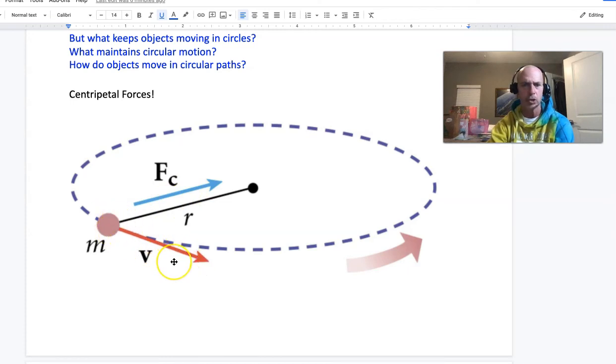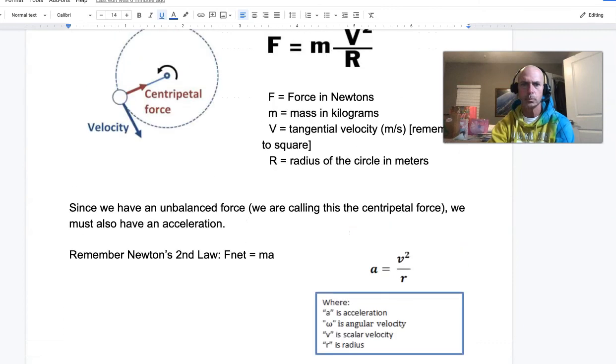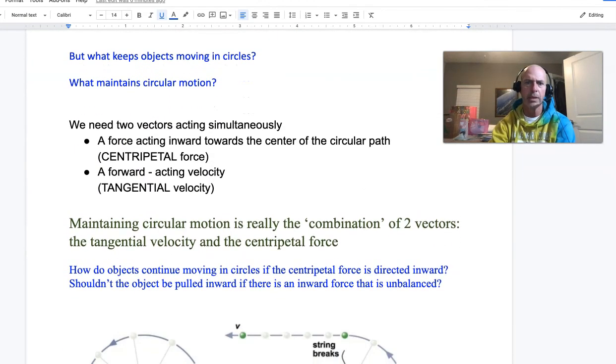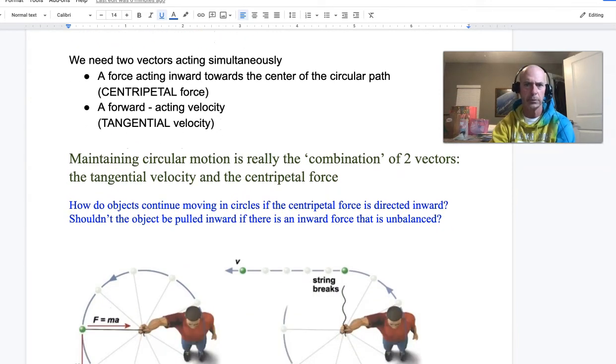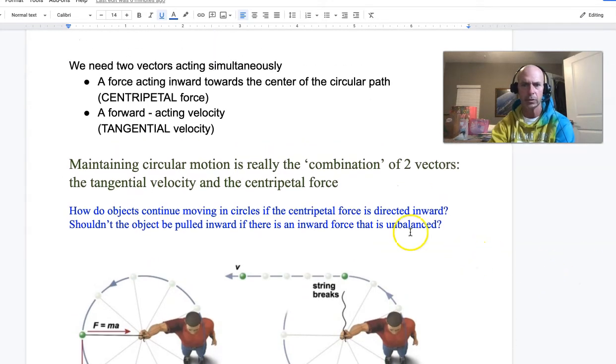We call that the tangential velocity. There's 90 degrees between these two vectors when we have circular motion. We need both of these to act at the same time, simultaneously. It's a combination or a mix of these two vectors.